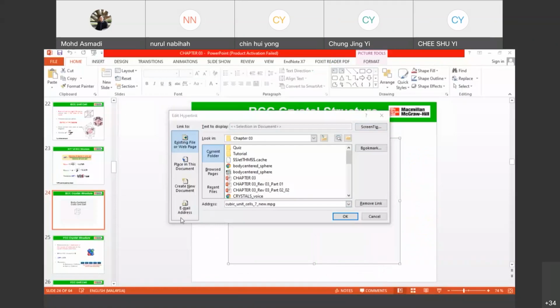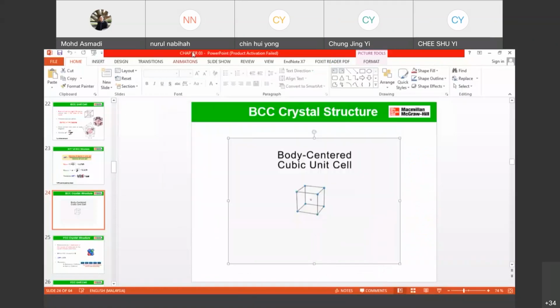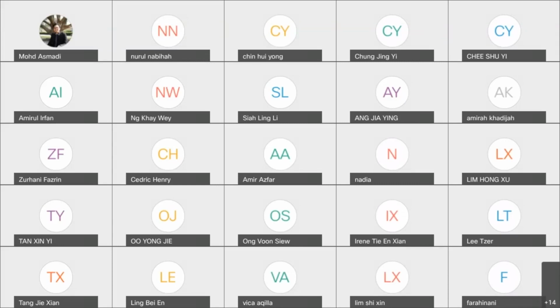Cubic unit cell 7, cubic unit cell 7. Let me share.